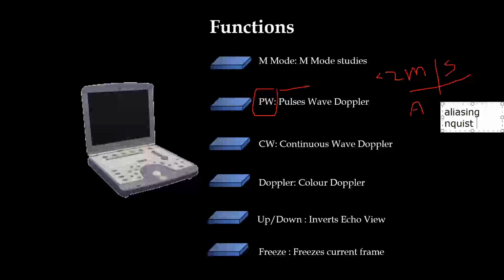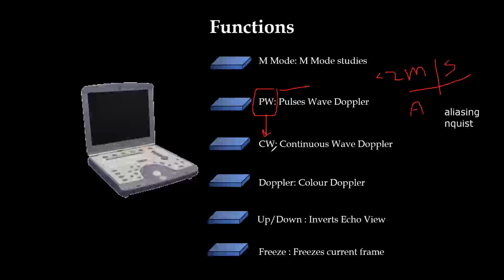So if your peak velocity is more than 1.8 or 2 meters per second, you should switch over from pulse wave Doppler to continuous wave Doppler.